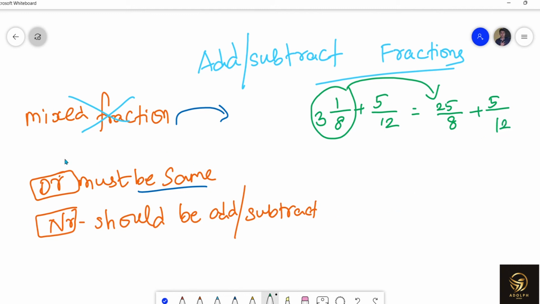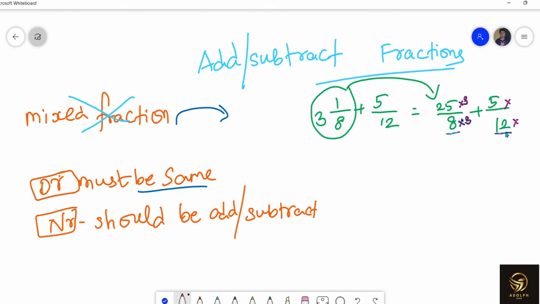So we have completed the first rule and then we are checking the second one. Denominators must be the same, but here one is 8 and another one is 12. We need to change them, and 8 and 12 can be converted into 24, which is their LCM. To change the first into 24, we have to multiply the fraction by 3, and the numerator also should get multiplied.